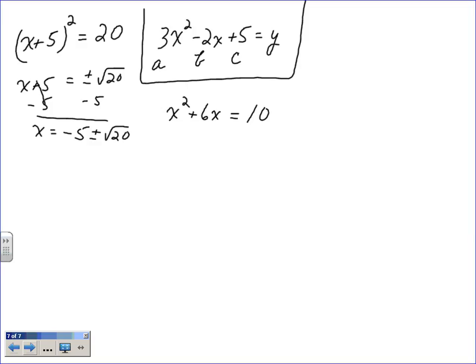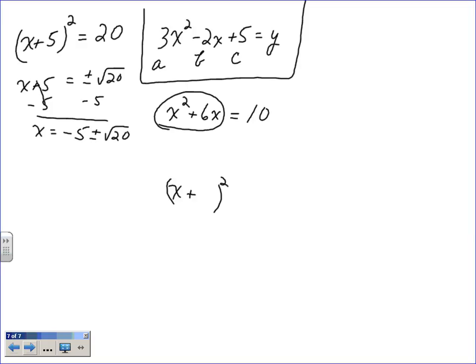It would be nice if I could write this as x plus something squared, then I could take the square root of both sides, right?